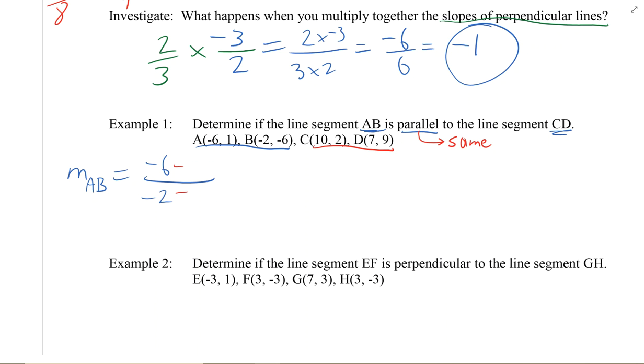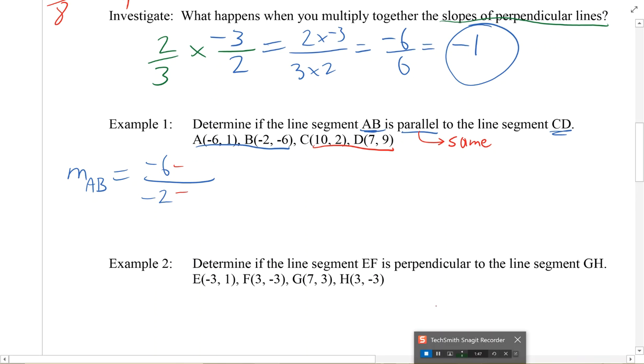Go ahead, do it now. And then over here, you can find the slope of CD. So I use a subscript CD to identify which slope I'm finding. If you don't do that, it's okay. It's just really higher level speaking, right? Higher level communicating.